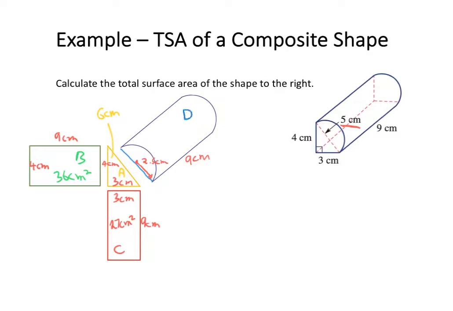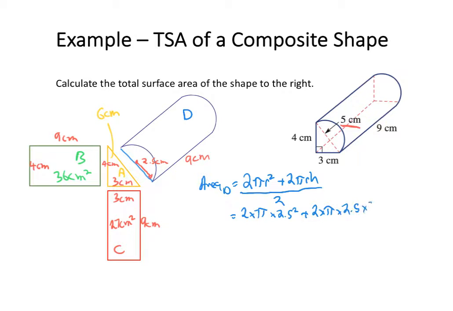I'll call my half cylinder D. Area of D is equal to the total surface area of a cylinder, so 2 pi r squared plus 2 pi r height, and I need to divide that by 2. Substituting in my values, 2 times pi times 2.5 squared plus 2 times pi times 2.5 times 9, and I need to divide that answer by 2. Working it out on my calculator, that comes to 90.32 centimeters squared.